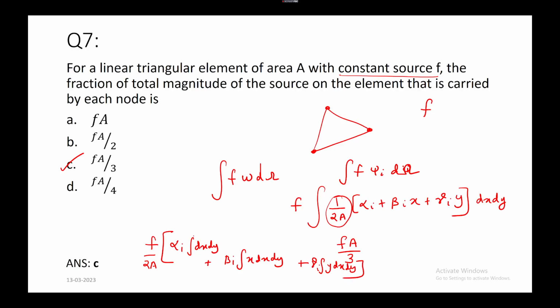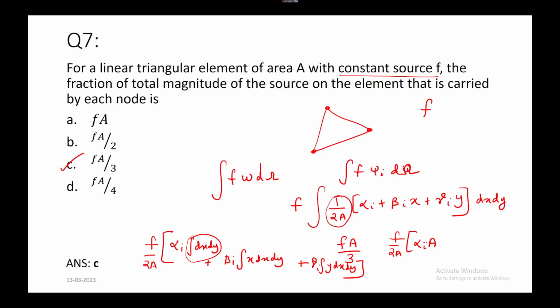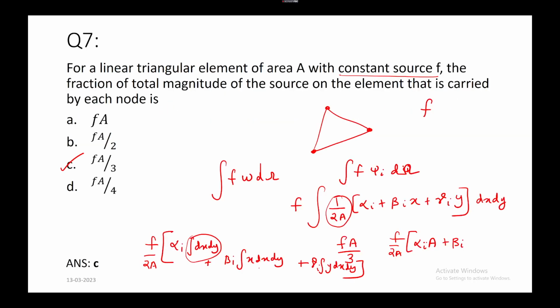So this x dx dy will be nothing but f by 2a into alpha I into a, plus beta I into the integral of x dx dy, which is a standard integral that gives x cap into a.